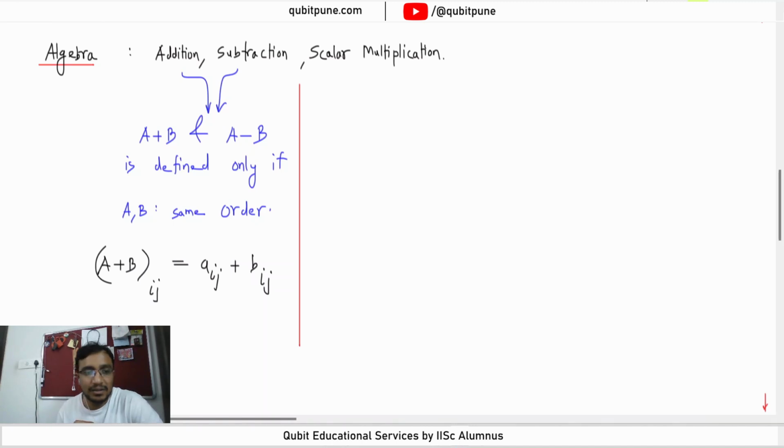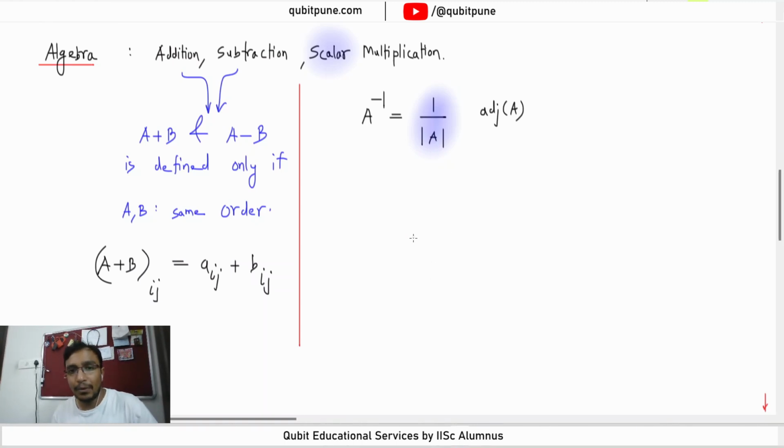Have we used it in any of these formulae? Yes, we have. Recall, if a matrix is invertible or non-singular, what is A inverse? It is 1 upon determinant of A into adjoint A. What is 1 upon determinant of A? It is a number or a scalar. So scalar multiplication pops up there.